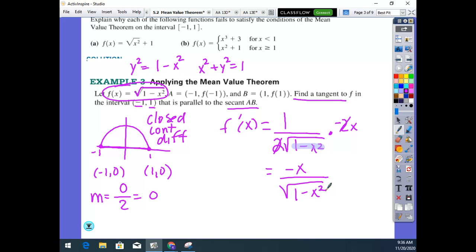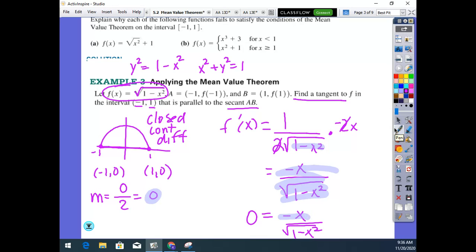The question is, we need to solve for values of x that my derivative equals my slope. So when does 0 equal this equation? This is going to become very important. A fraction equals 0 when its numerator is 0.